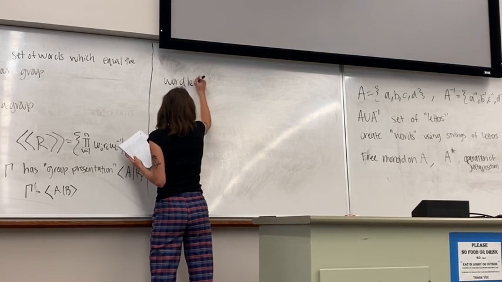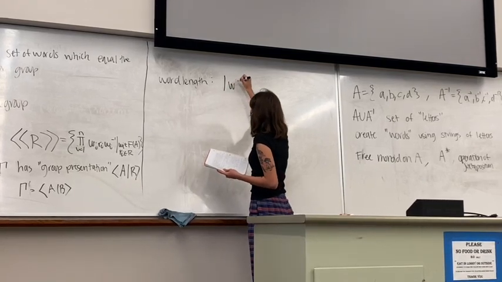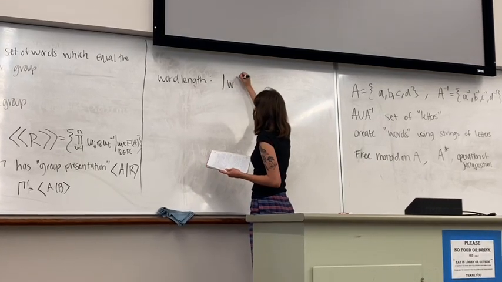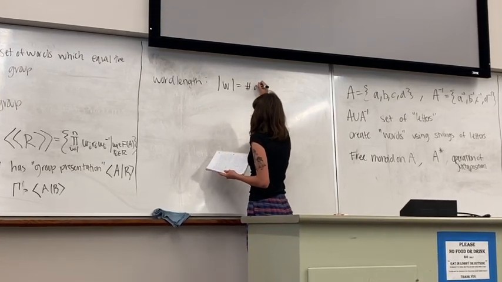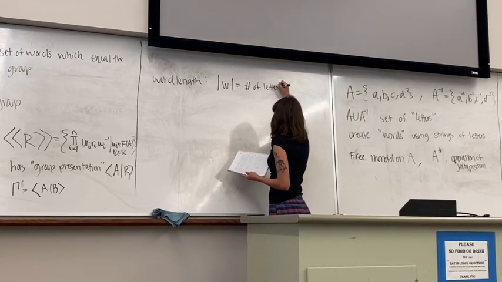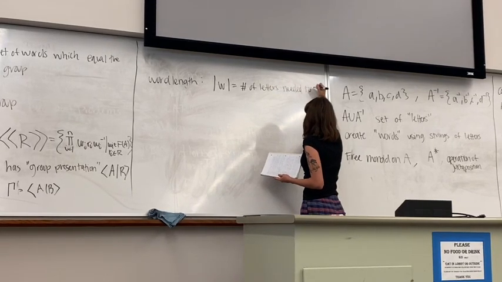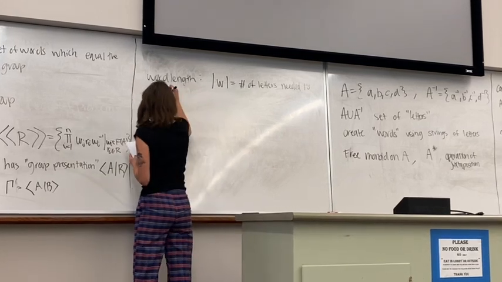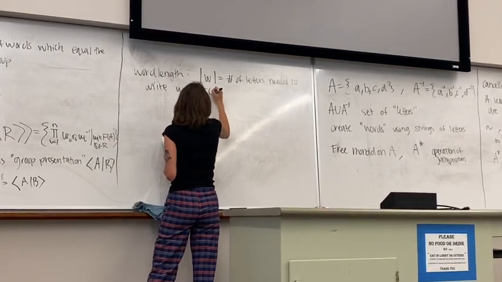To represent the length of word W, we write absolute value of W. This just equals the number of letters needed to write W in the free group on A.